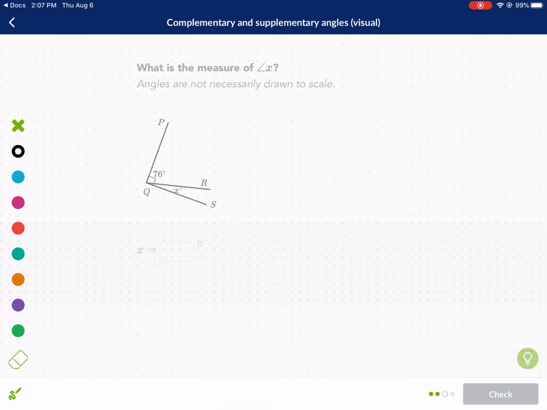Hopefully you can take a look at this and recognize what type of situation we have. Is this complementary or is this supplementary? I hope you said complementary, and the giveaway here is this right angle, 90 degrees. Sorry for that not exactly straight line. But we have angle X here, and then this known angle 76, and it needs to add up to give you 90, and the giveaway that it's 90 is that little square there.